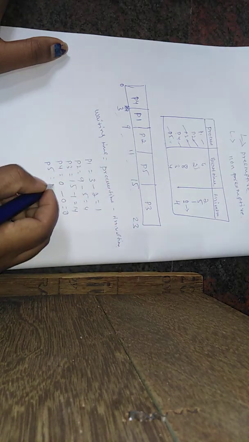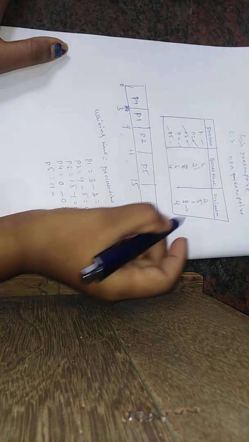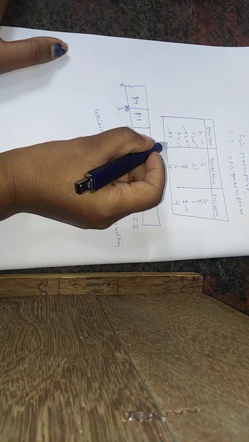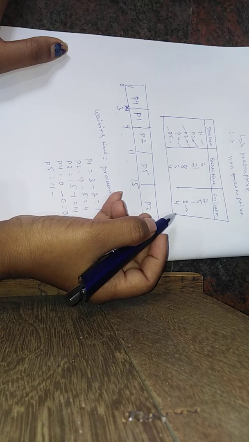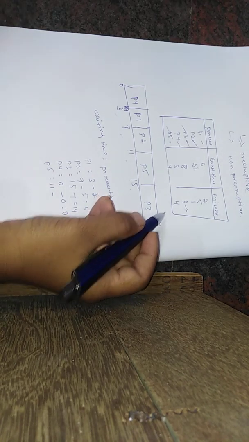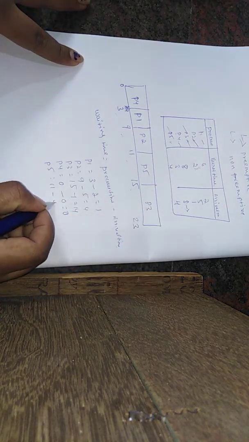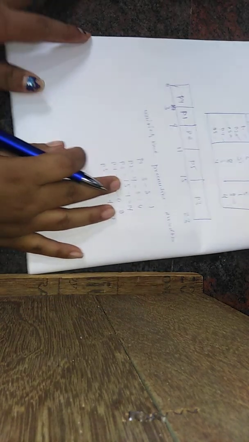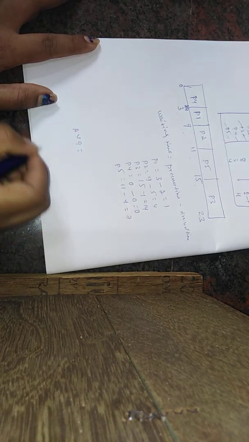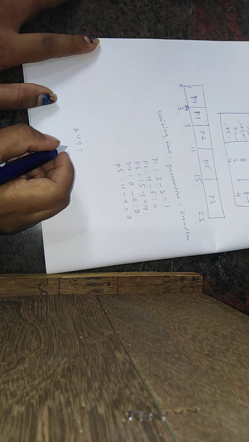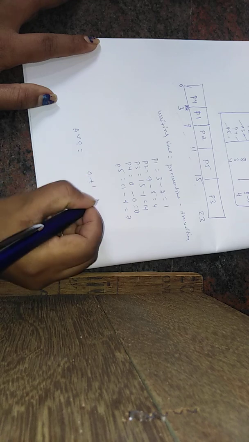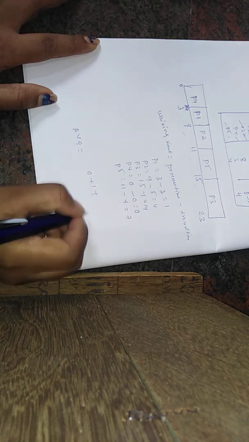Then last, P5 value is 11, and arrival time is 4, so 7. Then next we find the average value. How to find the average value? Average is equal to the sum of P1, P2, P3 and the rest divided by 5.